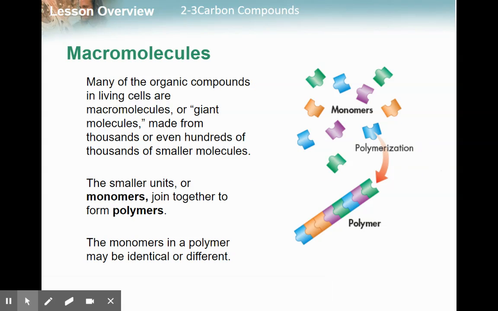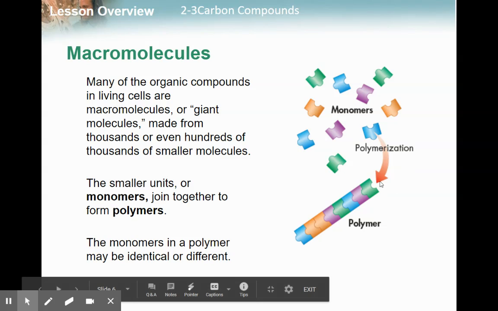Okay, so the major macromolecules are giant molecules that are made of much smaller molecules. We call the giant ones formed together polymers, and the ones that make them up, the single ones or the smaller ones, are monomers. So you can see right here, all of these different monomers, mono meaning single or one, all of these one parts or one pieces are forming together like a puzzle to form one larger chain or a larger molecule that we call the polymer.